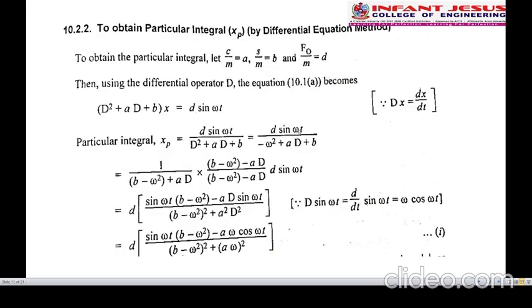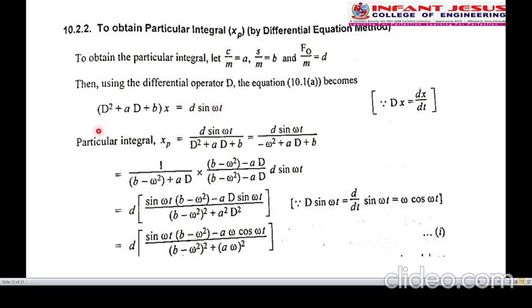To find the particular integral, we are going to use a method: we replace c by m as a, s by m as b, and f naught by m as d. So D square plus a D plus b equal to d sin omega t.